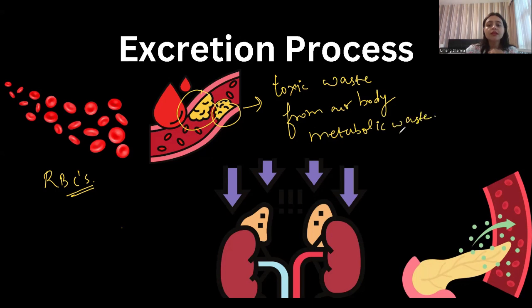So this waste is carried by the RBCs, the red blood cells. Now when the blood transports this waste, it gets accumulated.